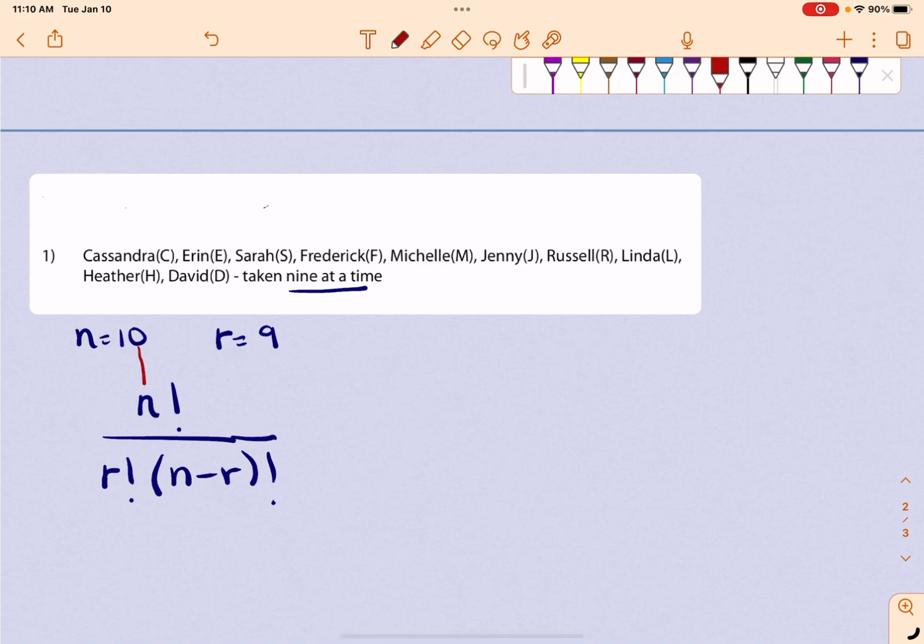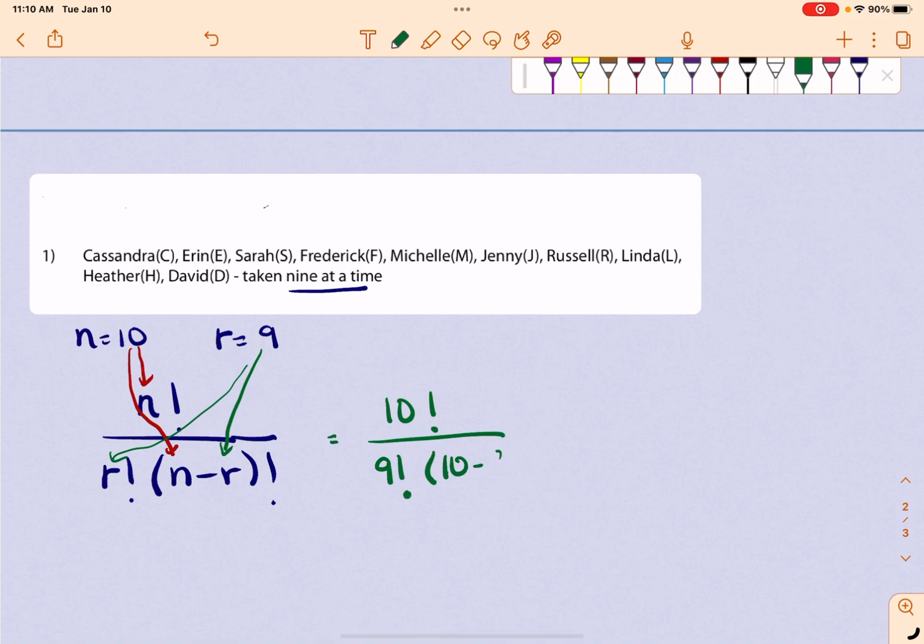So that means 10s are going to get plugged in here, and 9s are going to get plugged in here. So 10 factorial, 9 factorial, and then 10 minus 9 in here. So I know, obviously, if I do 10 minus 9, that's only going to be 1. So it looks like this.